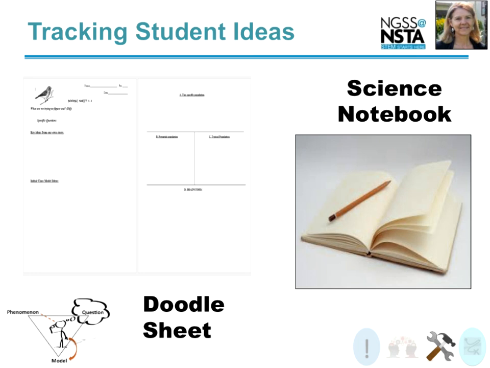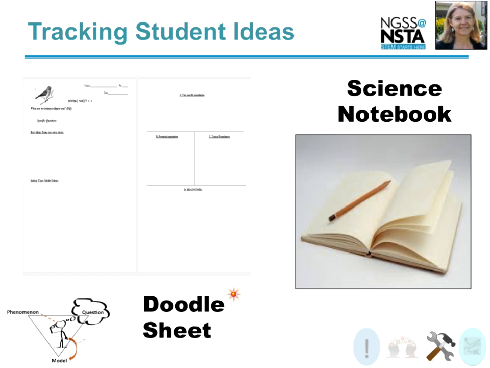And then I spoke about individuals having their thinking tracked over time. And a couple ways to do that, of course, is either if you keep a science notebook, interactive notebook, or we developed some things called doodle sheets. And we find doodle sheets really important because these completely belong to the students.